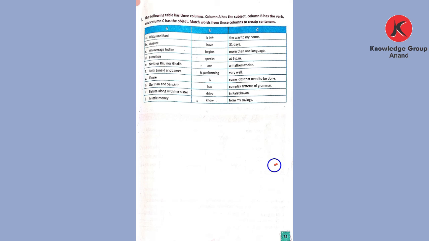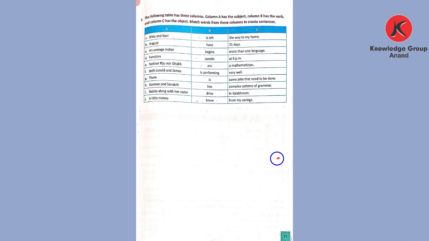Neither Raju nor Galib is performing. Is what they are? A mathematician. Both Junaid and James drive very well.